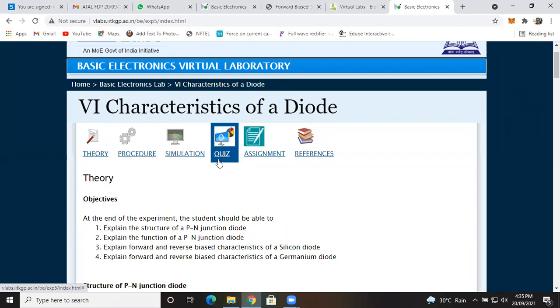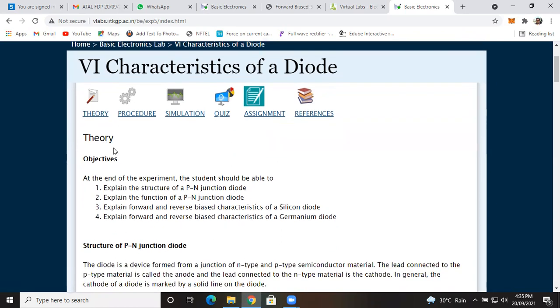On the VI characteristic of a diode, one quiz and one assignment are also there. So it is expected that the student should read the theoretical part as well as the procedure part, and do the simulation, and check whether the theoretical and practical parts match or not. Once your concept is clear after the simulation, you can directly go through the quiz.